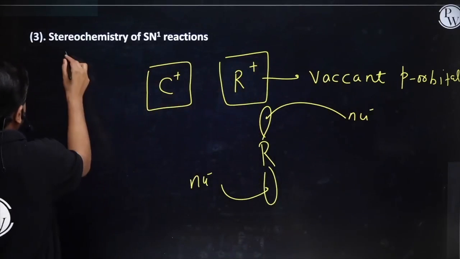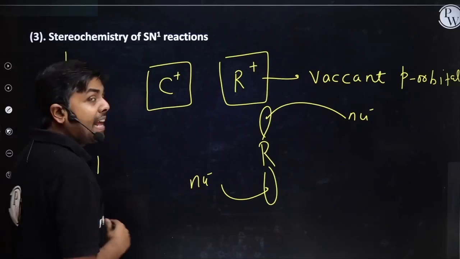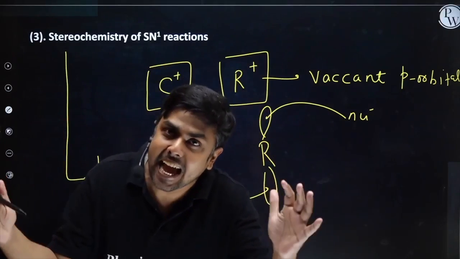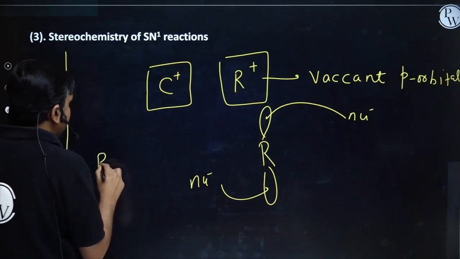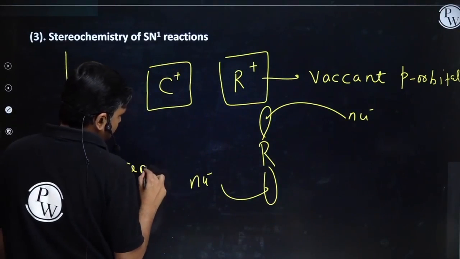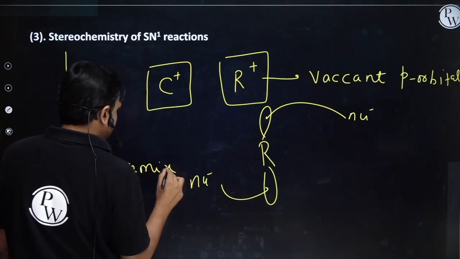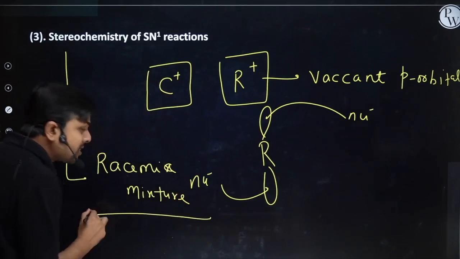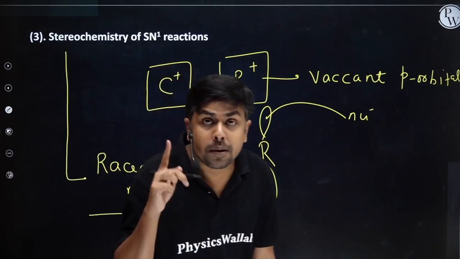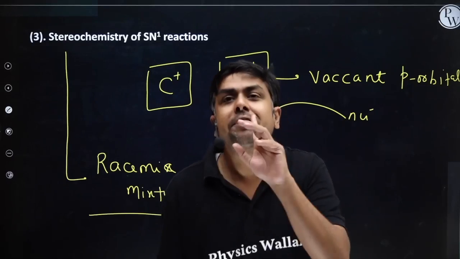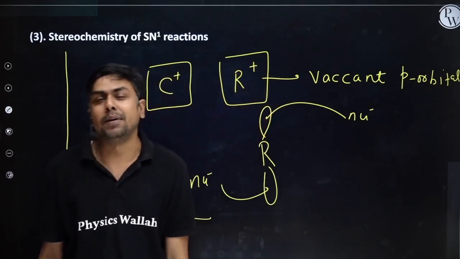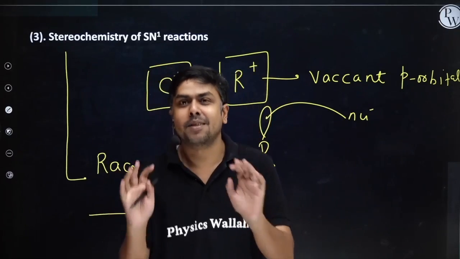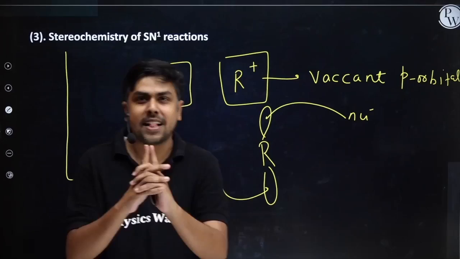So in case of SN1 reaction, we get enantiomeric product if the product obtained is optically active, and we will have racemic mixture. Racemic mixture obtained. Now, the extent of racemization will depend on the stability of carbocation. More is the stability of carbocation, higher will be the extent of racemization. Am I clear? Shall I move ahead?